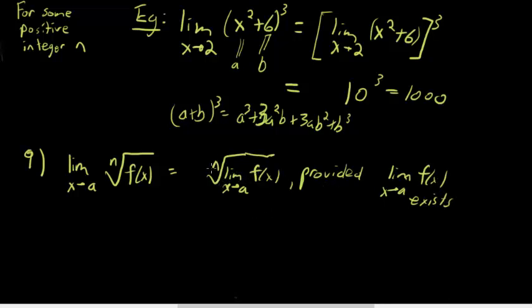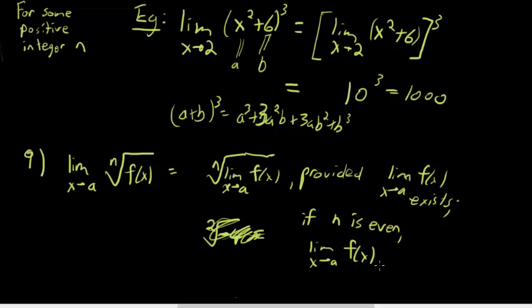If you remember, we can't take even roots of negative numbers. So for example, we can't take the square root of -4, because that wouldn't give you a real value. So we have to add the additional condition that if n is even, then this limit as x tends to a of f of x has to be greater than or equal to 0.